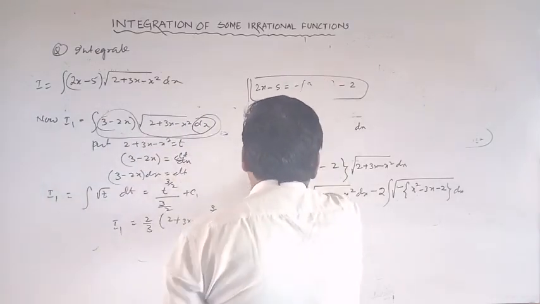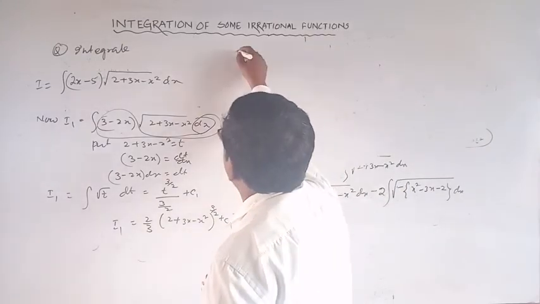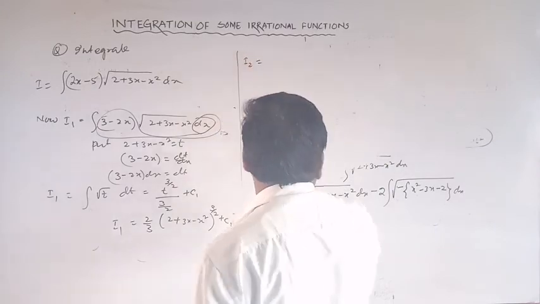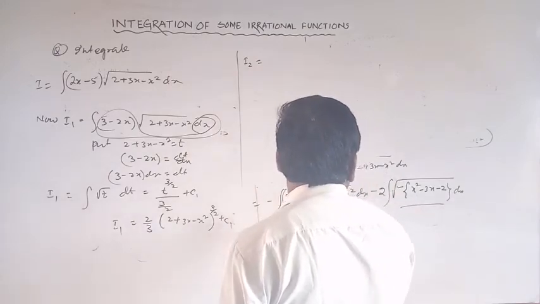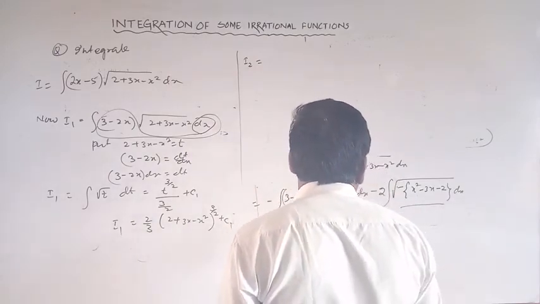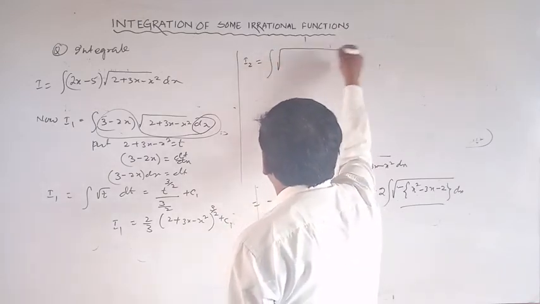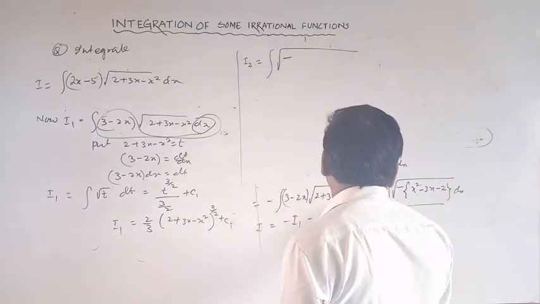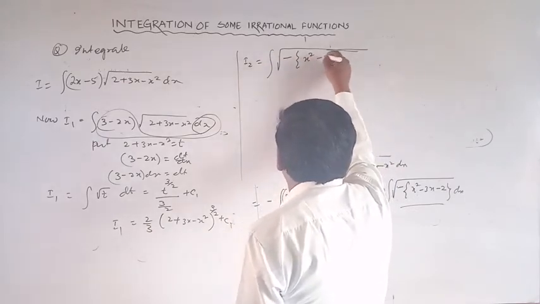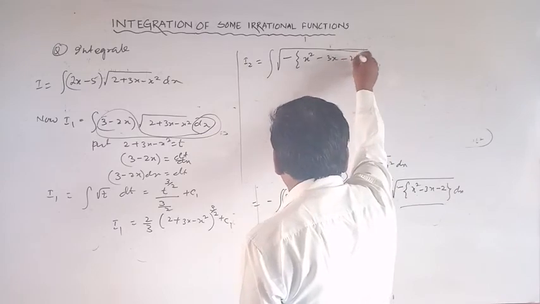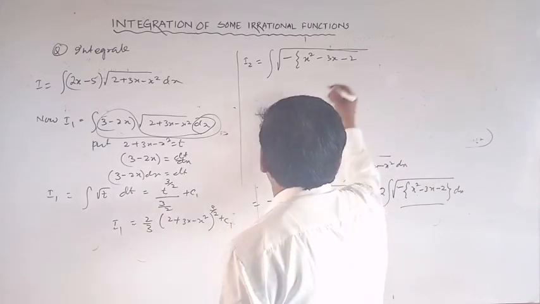Now I2 is equal to what? This part is I2. So I2 is equal to the square root of minus of x square minus 3x minus 2, dx.